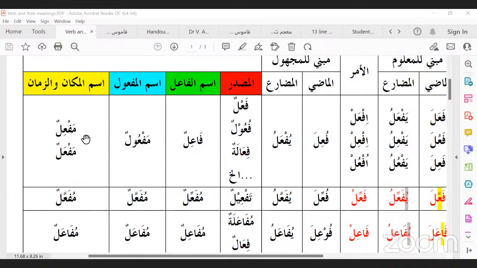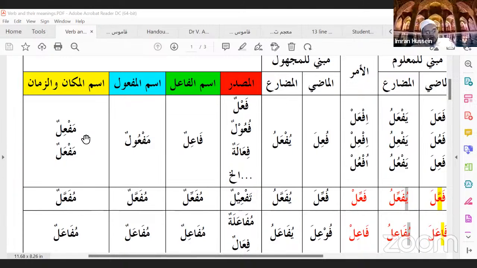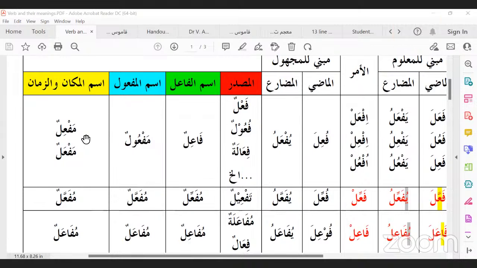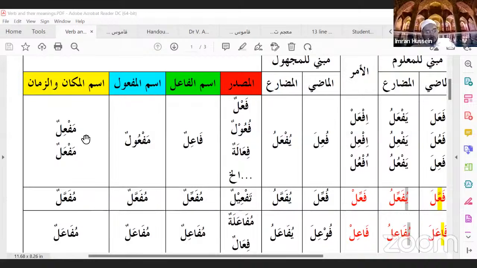Now the next pattern is maf'alun. The word is matbakhun. Remember we did matbakhun? Kitchen.